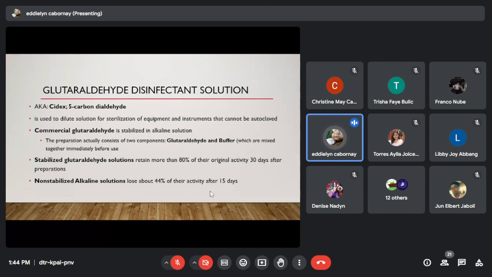So that's why commercial glutaraldehyde is added with stabilizer to prolong its effectiveness as a disinfectant. While non-stabilized alkaline solutions lose about 44% of their activity after 15 days, the stabilized glutaraldehyde solutions can keep their disinfectant effectivity for 30 days.